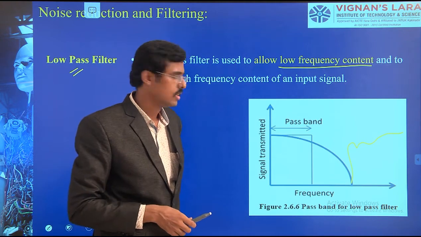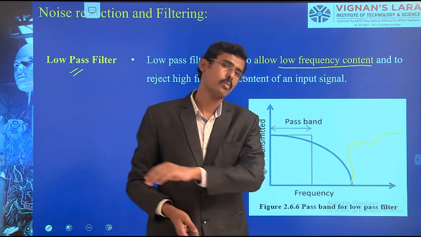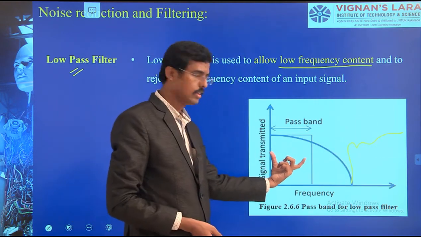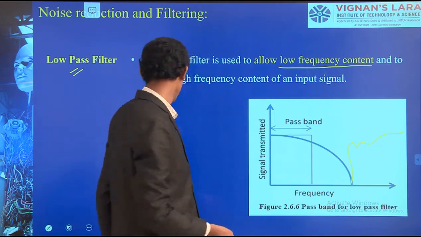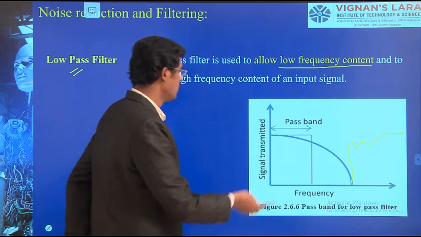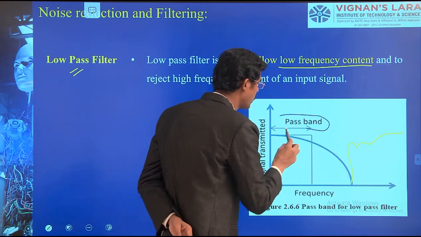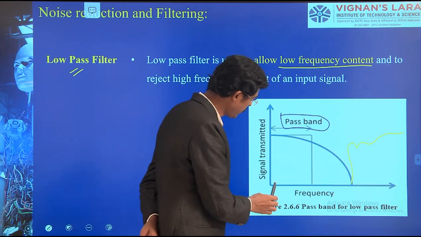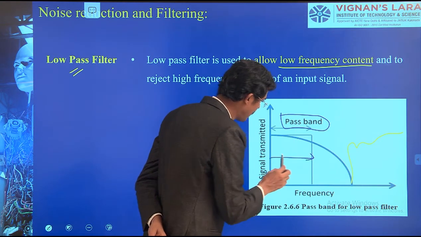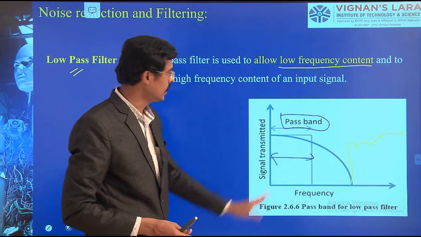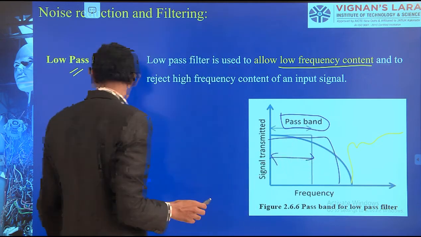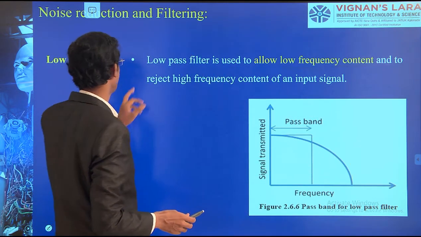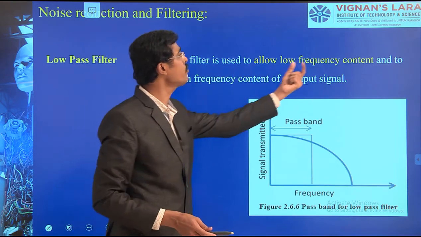In case this talking is not required, and I need only the AC running sound, what I can do is pass this band only. From this frequency to this frequency I am cutting, I am not permitting that. Only this setup I am permitting.